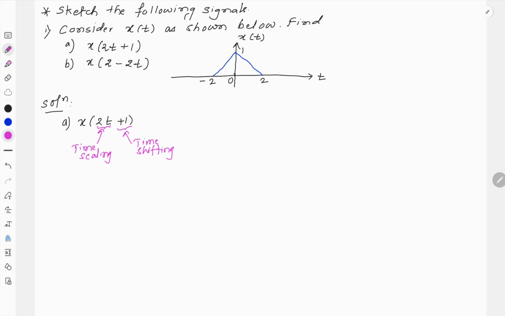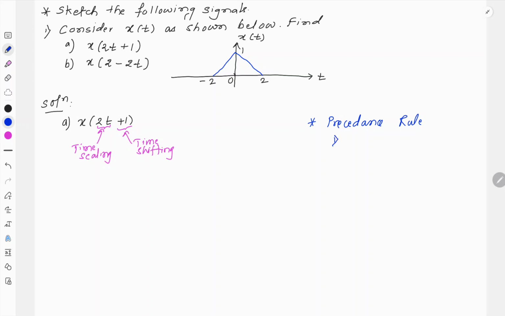Now which operation is to be done first is decided by the precedence rule. So first let us see what the precedence rule is. This precedence rule states that if you have multiple operations in a given signal, you should follow the sequence in this way.